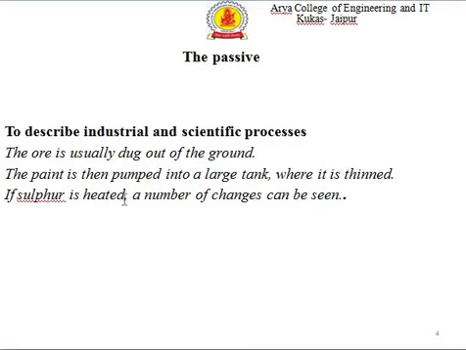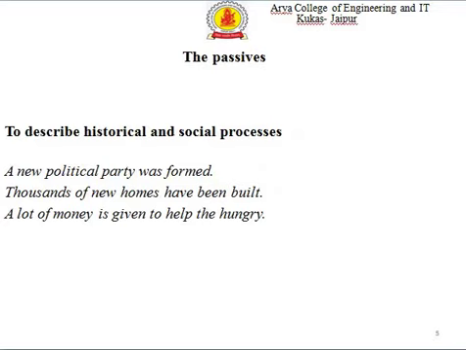If sulfur is heated, a number of changes can be seen. So is heated and can be seen are the passive structures. We come to the next: to describe any historical or social processes. Such passives look like this: a new political party was formed. If you form the active, it will be: they formed a new political party.